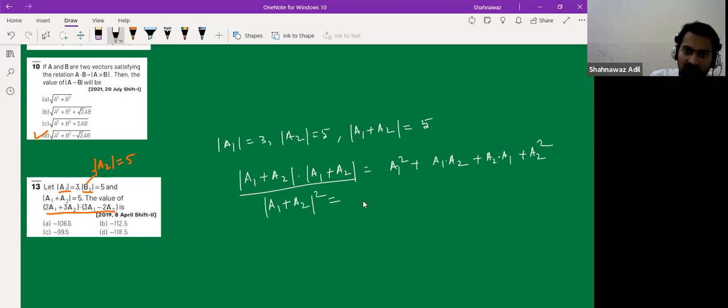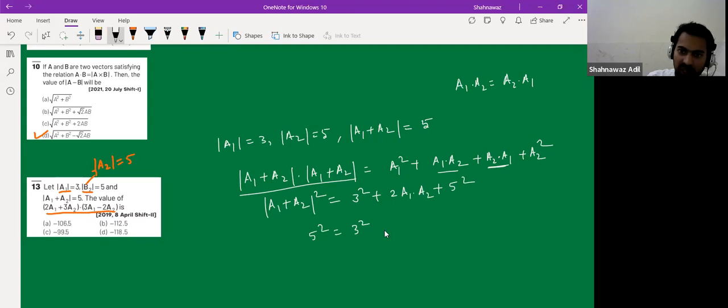So A1 square, we know this is 3 square. A1 dot A2 is a scalar product, so these are commutative: A1 dot A2 is equal to A2 dot A1. So this would be 2 A1 dot A2, and A2 square is 5 square. A1 plus A2 square again is 5 square.